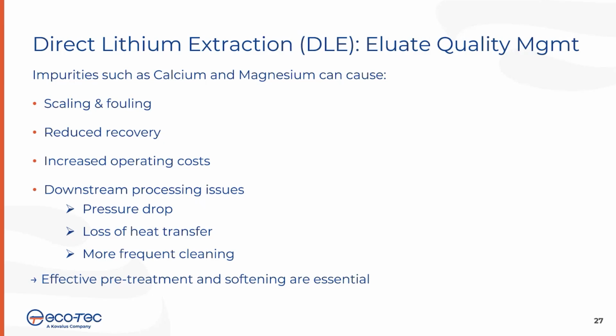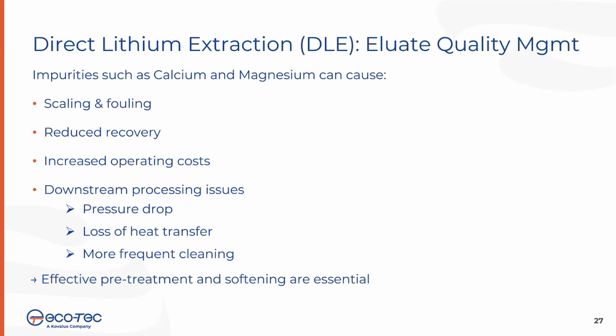If they carry through, they can drive scaling and fouling, reduce purity level, increase operating costs, and create instability in conversion and crystallization. In practice, that shows up as pressure drop, loss of heat transfer, and more frequent cleaning. And it can become a bottleneck for RO, where scaling is a well-known limiting mechanism.